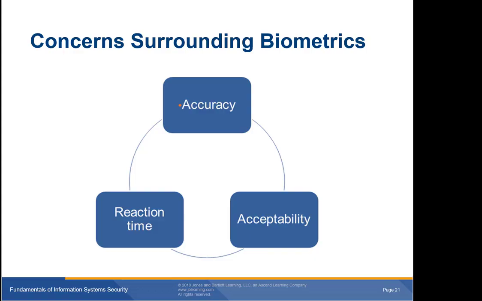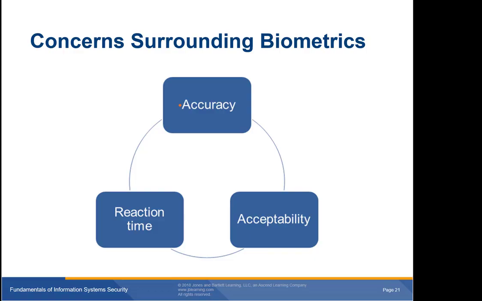The point at which the 2 rates are equal is called the crossover error rate, or the CER. You want to write that down. The CER is the measurement of the system's accuracy expressed as a percentage. In practice, biometric devices that protect very sensitive resources are generally configured to accept a high level of false rejections. Systems that protect less sensitive resources may grant access to potentially unauthorized personnel so as not to excessively slow down access.